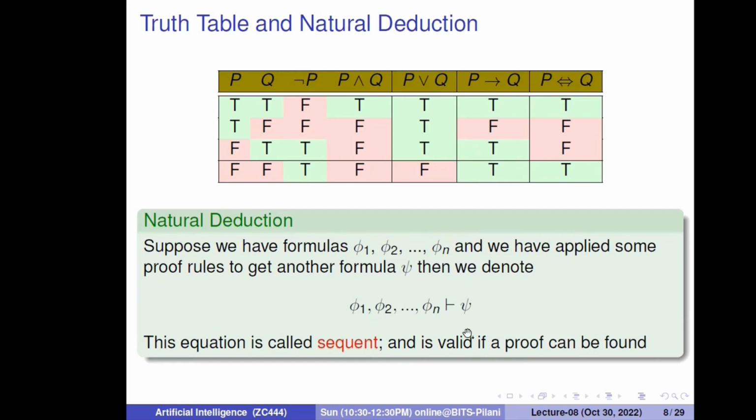And if a valid proof can be found showing how I can deduce this, then I can say that this is also entailed, it is there inside my knowledge base. Does that make sense to you? So with multiple things like P, Q, R, S, you somehow find a proof, and by this you say that this is also a new thing that I have obtained.